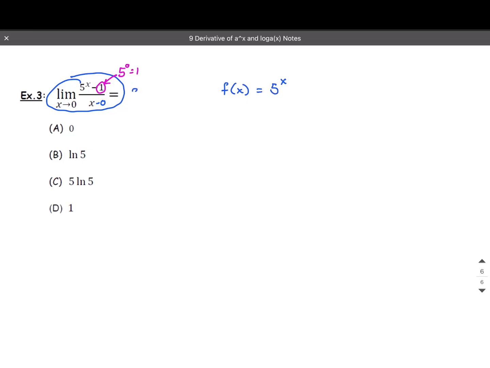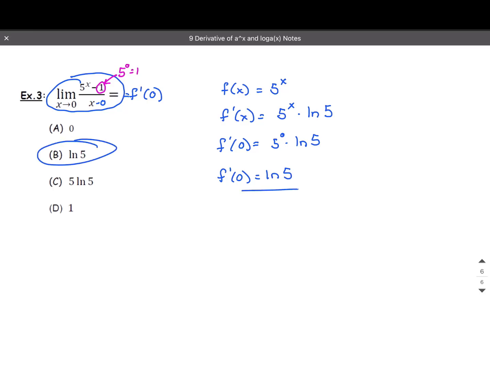And they want us to find the derivative at 0. So the first thing we need to do is find the derivative of 5 to the x, which is the exponential 5 to the x times the natural log of the base 5. So if we want the derivative at 0, that's 5 to the 0 times the natural log of 5, which is just the natural log of 5, which is choice B.